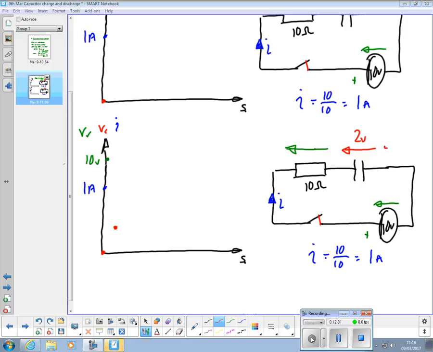What's the voltage VR going to be now? Yeah, because we've got to make 10, so it must be 8 volts and 2 volts. So VR's dropped a bit, like there. What about the current now?